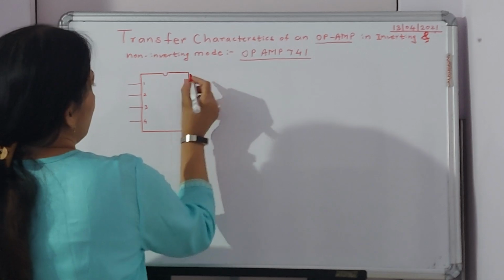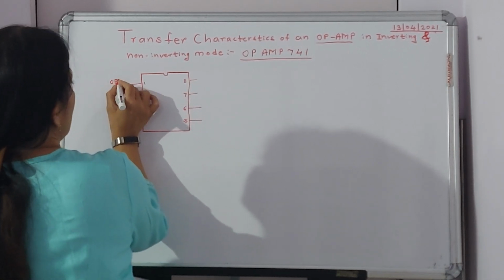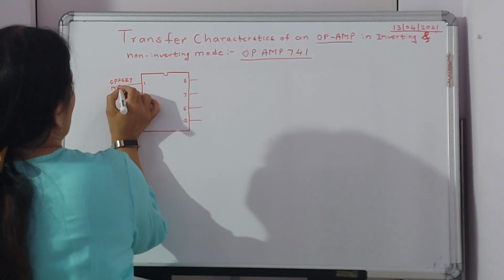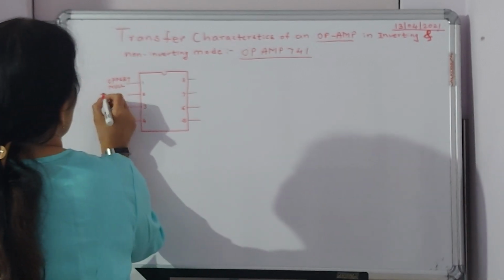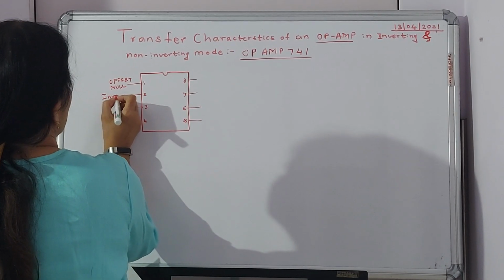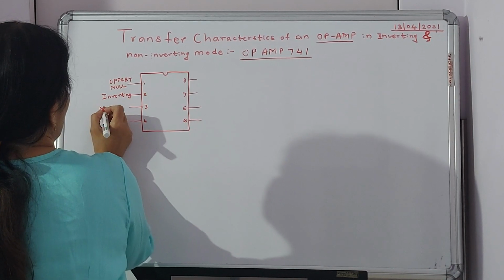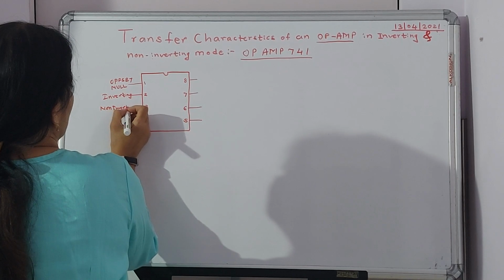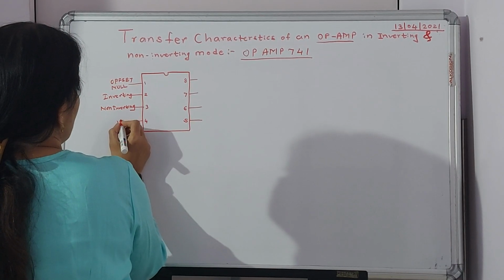Out of this, pin number 1 is for offset null. Then pin number 2 is inverting input. Pin number 3 is non-inverting input. Pin number 4 is VCC.